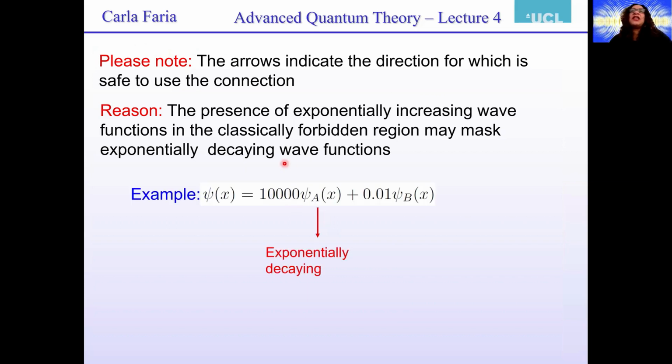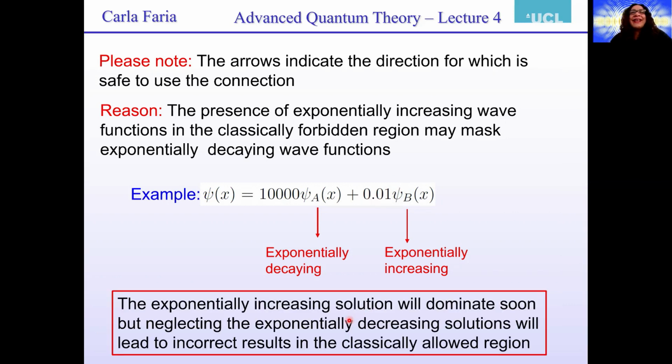You have an exponentially decaying wave function multiplied by 1000, and an exponentially increasing wave function multiplied by 0.01. Clearly psi B is going to dominate very quickly, although this coefficient is small. Neglecting it is going to lead to incorrect results in the classically allowed region, because this will give you an oscillating wave function in the classically allowed region, and this as well. So you really have to be careful with these types of things.